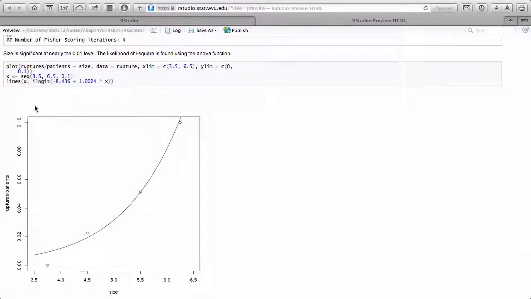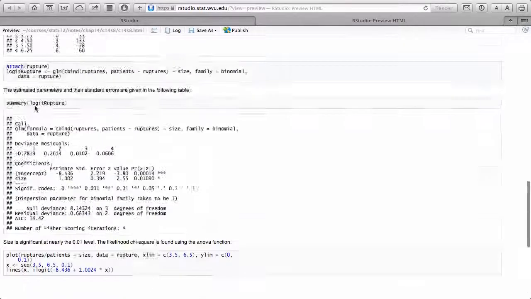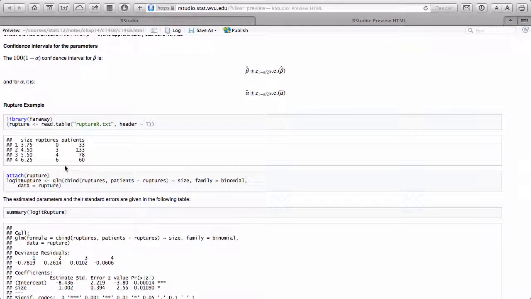You might say, well, why don't you go 0 to 1? Well, because we're in a small range. In other words, if you look at the proportions, none of the proportions are very high. The bottom one, for example, is 0.1, 6 over 60.